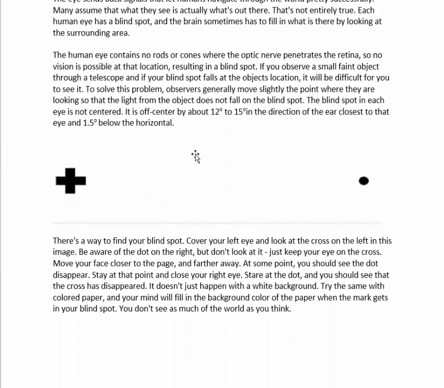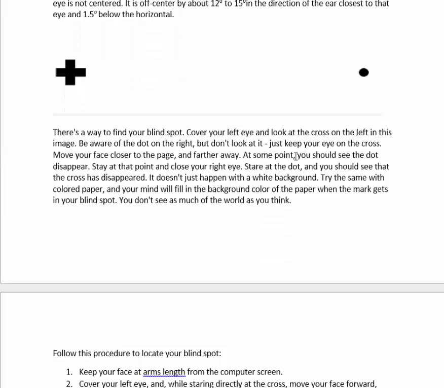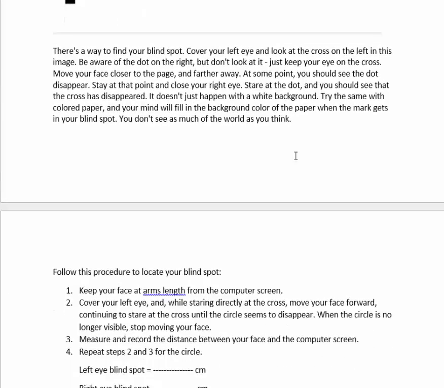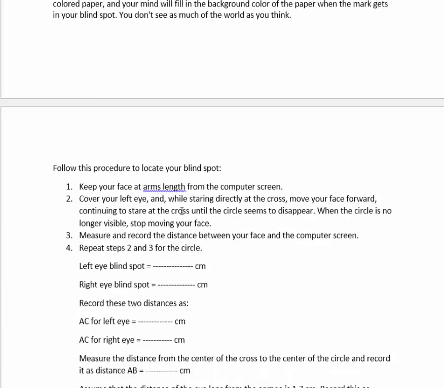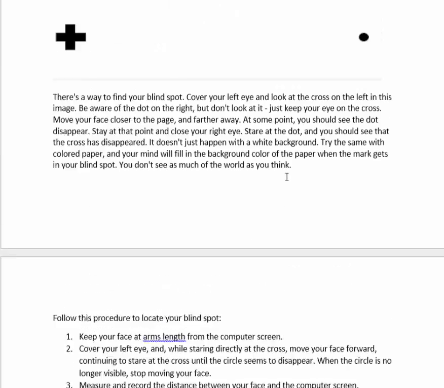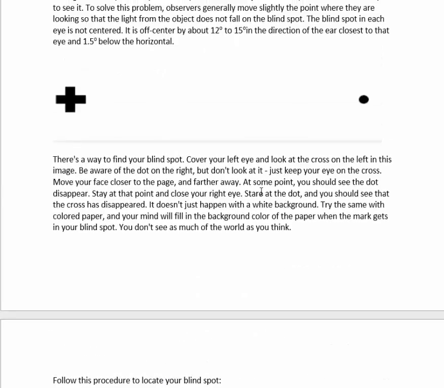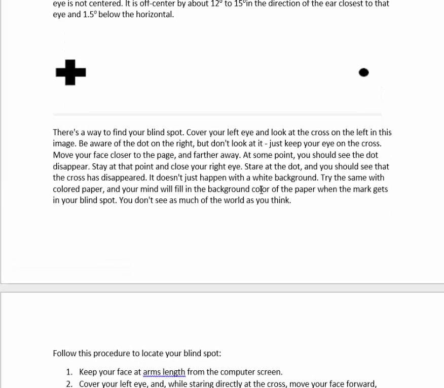Now what you have here is a cross and a circle. Now I have suggested some steps here that you can take. What I have suggested is to keep your face at arm's length from the computer screen. Well, you must be looking at that picture. All right. Now cover your left eye, and while staring directly at the cross, move your face backward and forward.